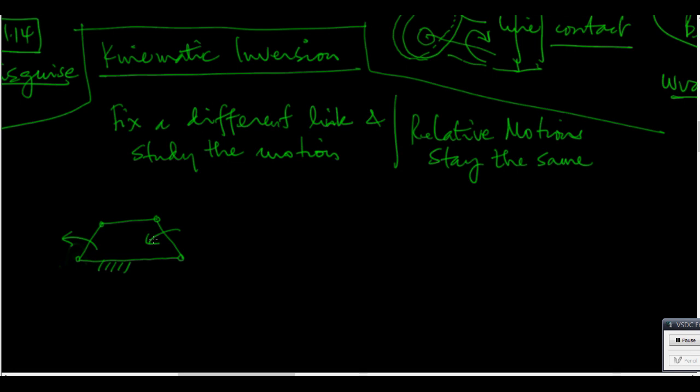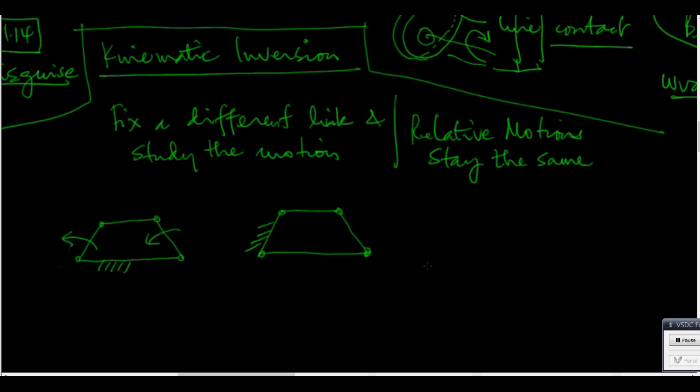One structure, one mechanism, same geometry. This one fixed is called a kinematic inversion of this mechanism, and the motion will look different. In this case, you may think that there is not much difference, but let me give you an example where you will see that there is difference.